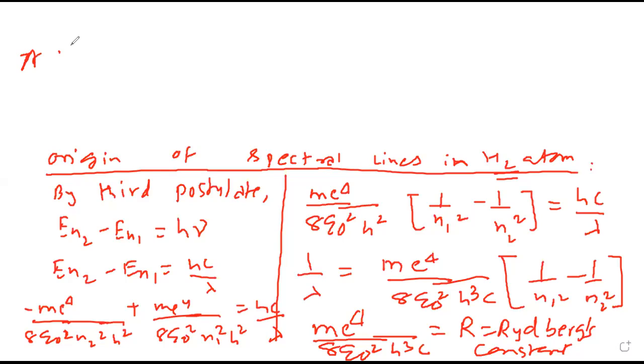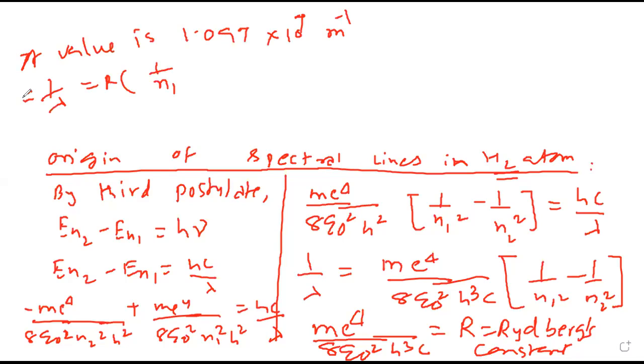Its value is 1.097 into 10 raised to 7 meter raised to minus 1. So 1 by lambda is R into 1 upon n1 square minus 1 upon n2 square.